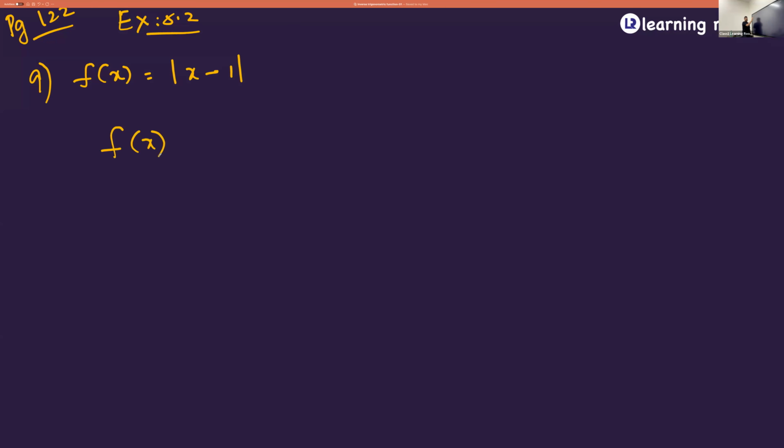Now see, inside a modulus, whatever expression you have, till you get used to it, imagine it to be capital X. Had the function been modulus of capital X, how will you split it? Capital X when capital X is greater than or equal to 0, minus of capital X when capital X is less than 0.